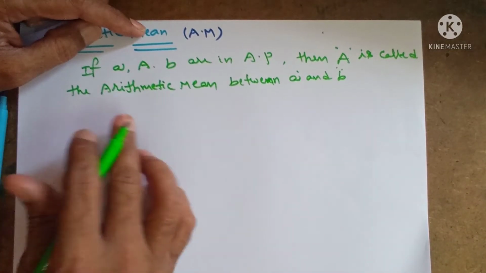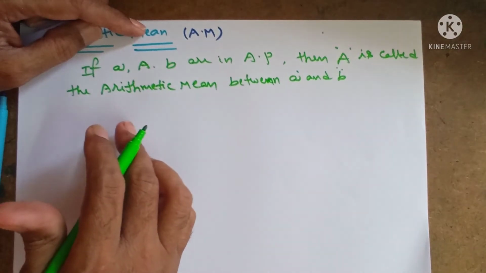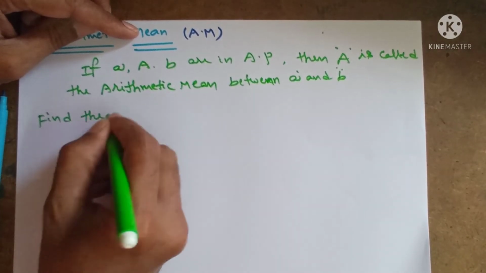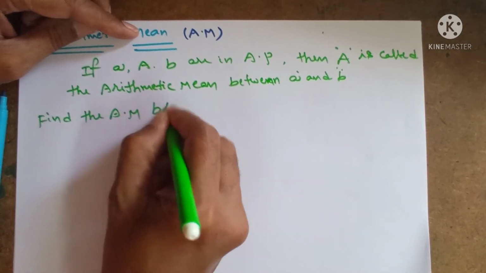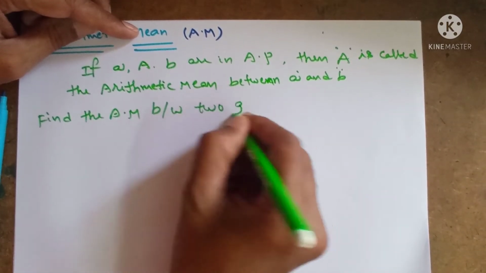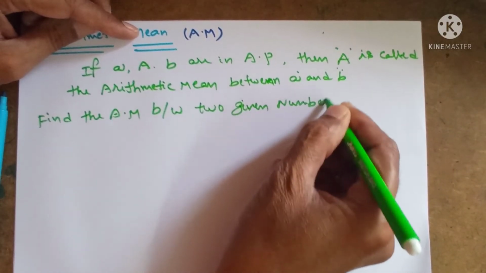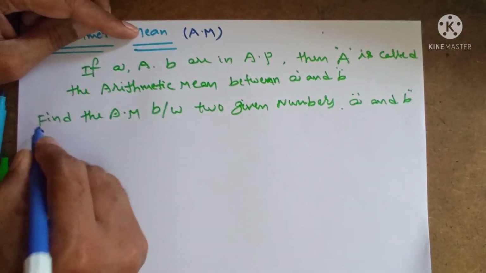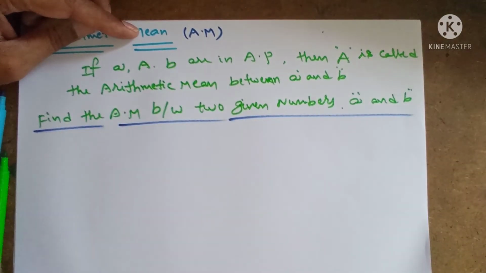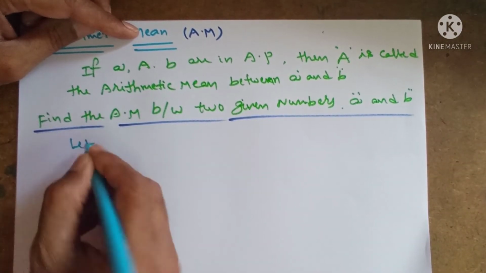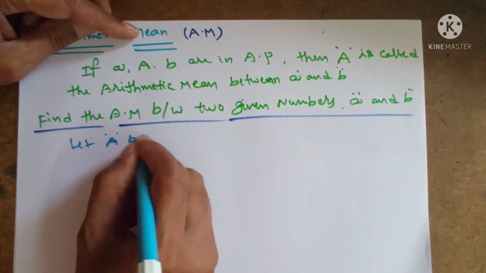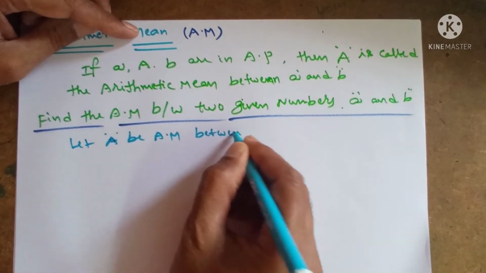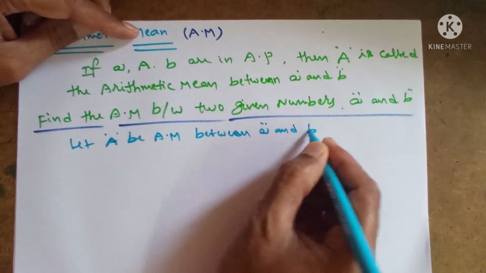We are going to find the arithmetic mean between 2 given numbers a and b. Let suppose capital A be AM between small a and small b.